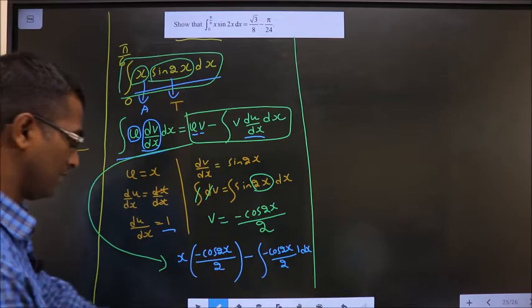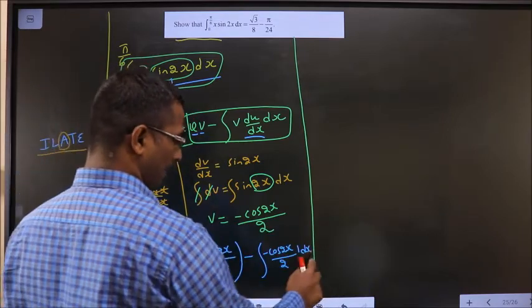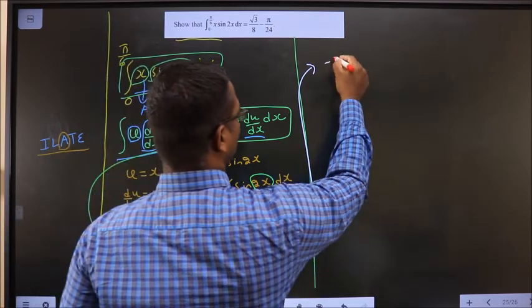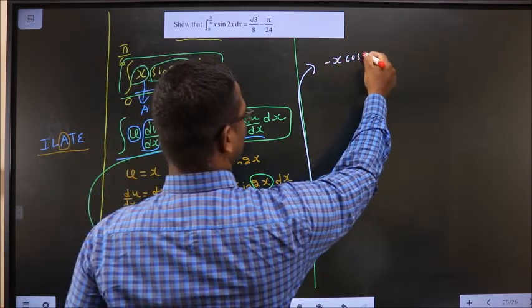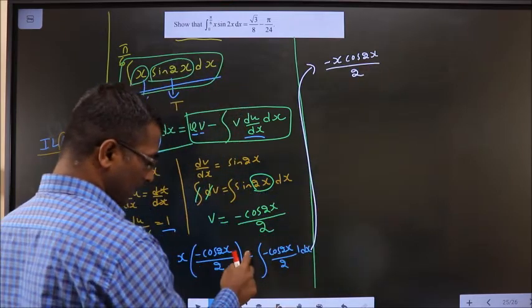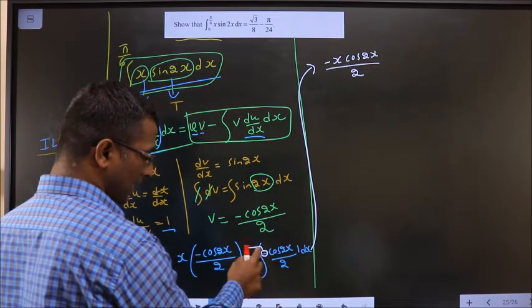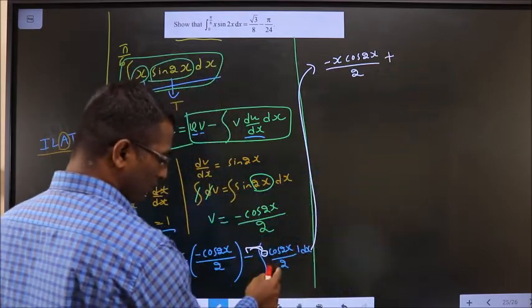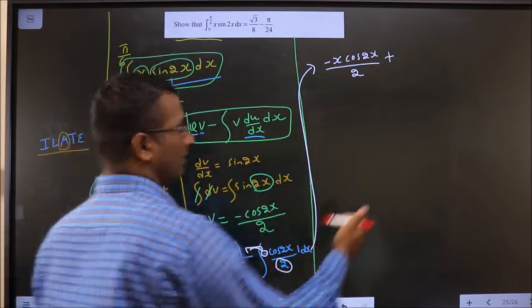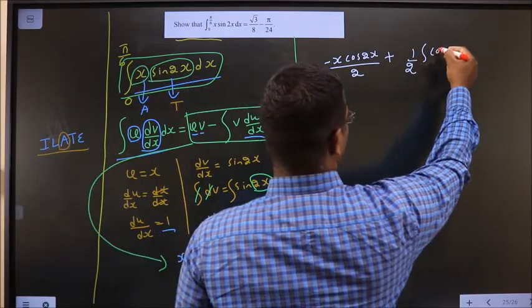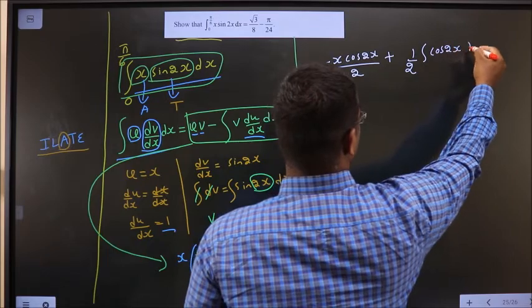Okay. Now I write this one over here. So this is minus x cos 2x by 2, and here the minus will come outside, thus making this positive, and also this 2 will come outside. So it will be 1 by 2 integration of cos 2x dx.